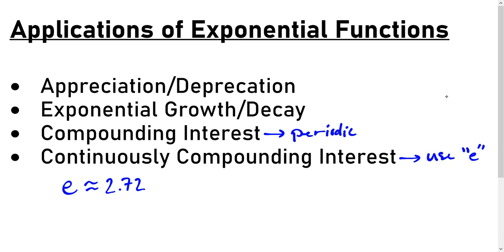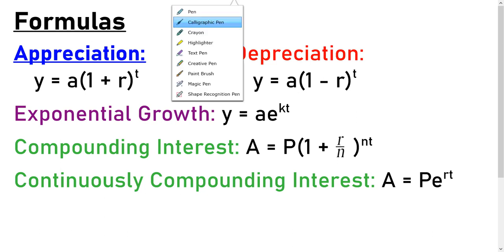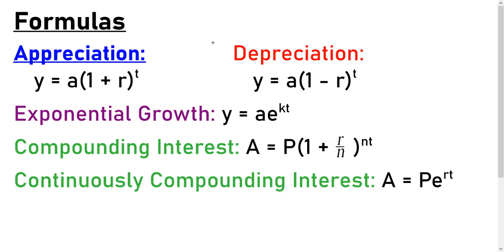So what are the formulas that we're going to be using for these different exponential growth or exponential decay or compounding or continuously compounding interest? All of those formulas are right here. We have what's called the appreciation formula and the depreciation formula. You'll notice that they look almost exactly the same.